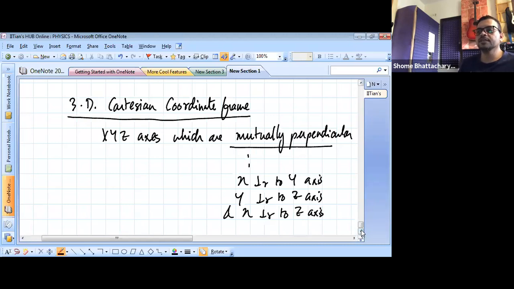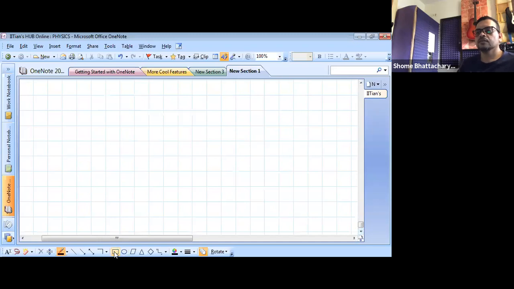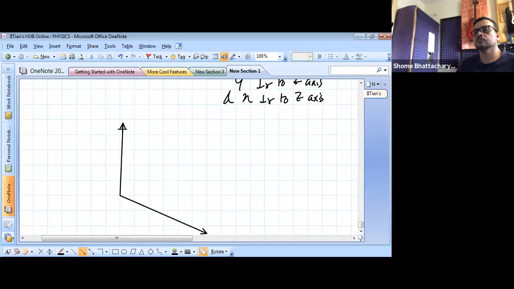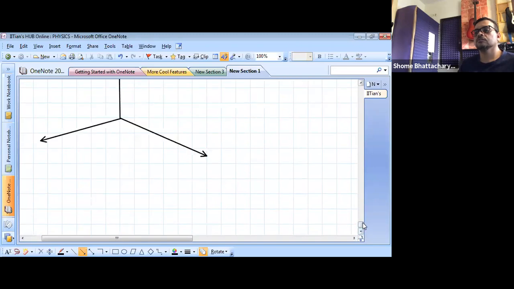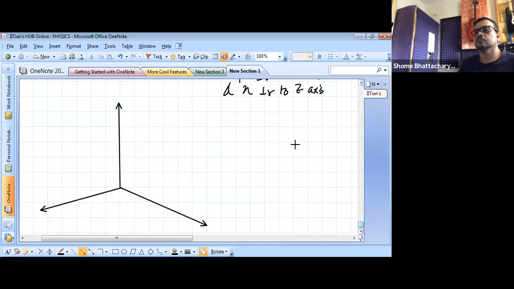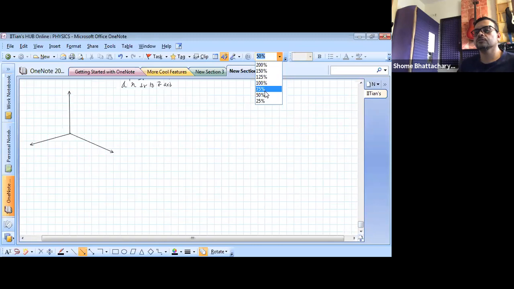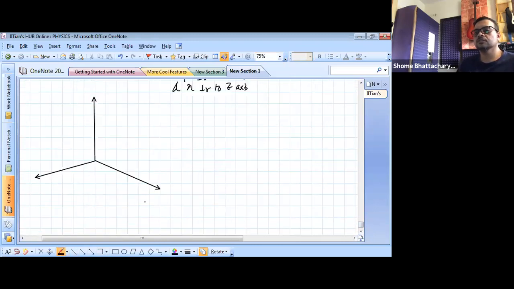Okay. So the best way to visualize this is like this, that imagine just a moment. Okay. So this is actually, just imagine this to be the floor of the room in which you are sitting. This is the floor.